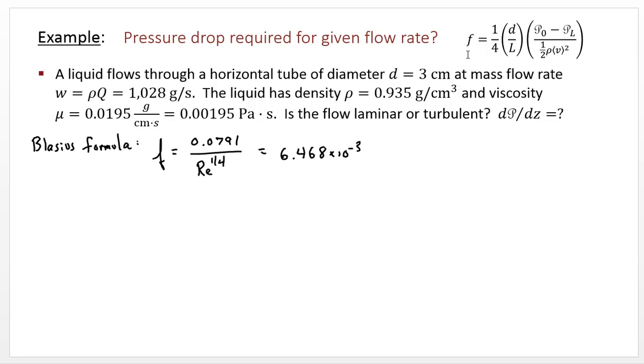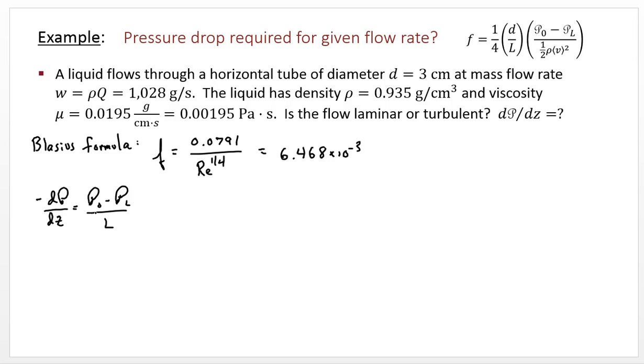So doing that, we see that the pressure gradient, or actually the negative of the pressure gradient, minus dP/dz, is equal to (P naught minus PL) over L, because dP/dz is (PL minus P naught) over L. In this case, we're doing it the opposite way.